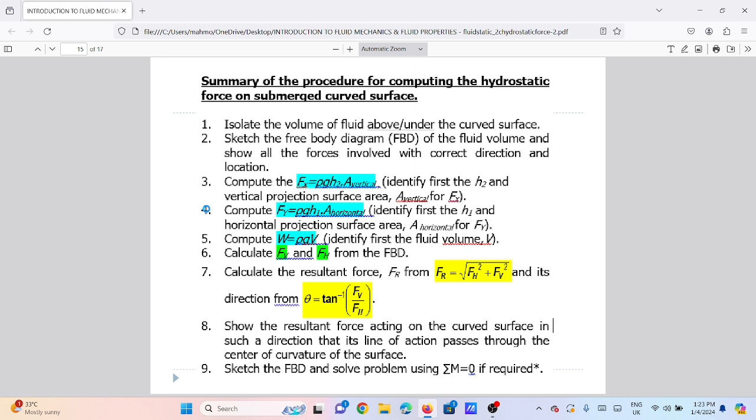Show the resultant force acting on the curved surface, and show that its line of action goes through the center of curvature of the surface. Sketch the free body diagram and show the fluid volume, using the summation of moments equal to 0.